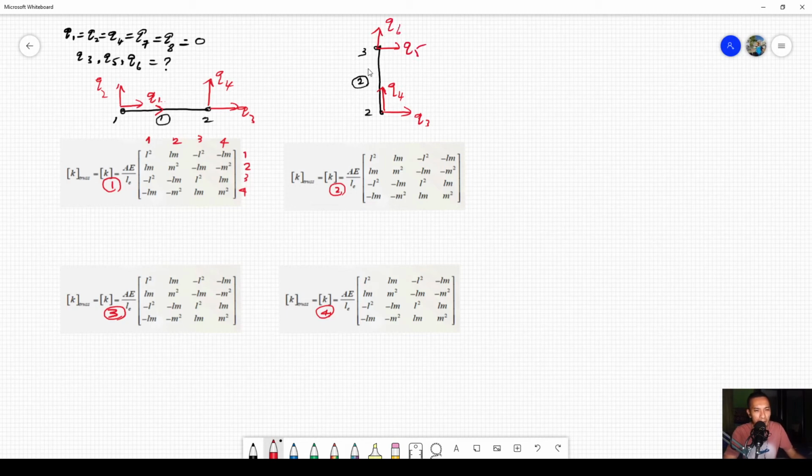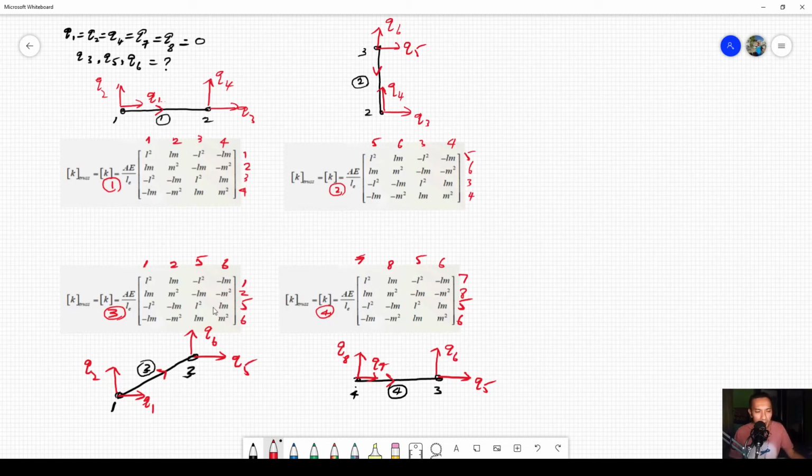But in terms of the direction of element connectivity, it is connected from 3 to 2. So the way we write the address to our matrix will start from 5, 6, 3, and 4. So I will write here 5, 6, 3, and 4 on both the top and the side.